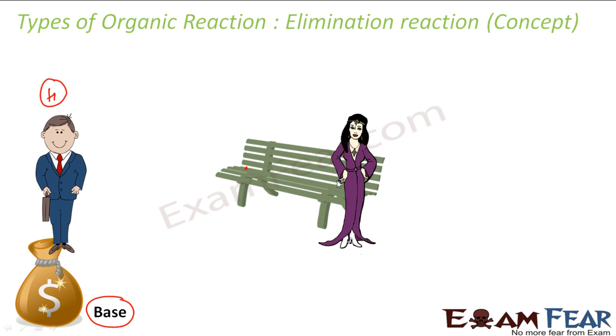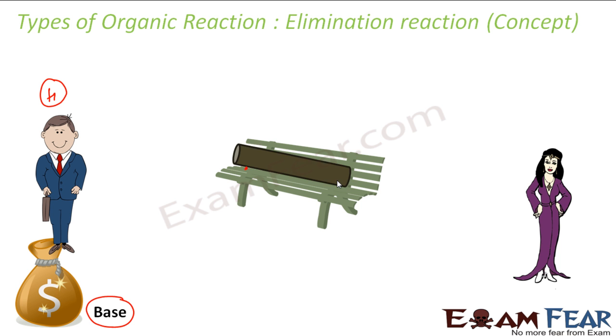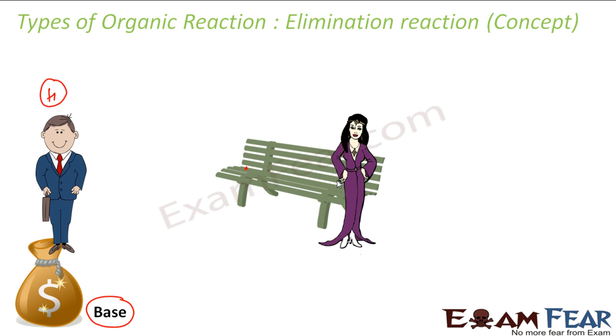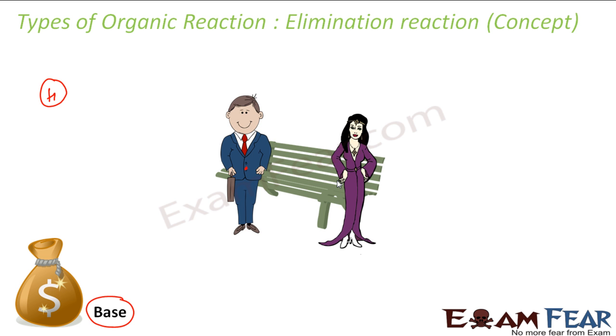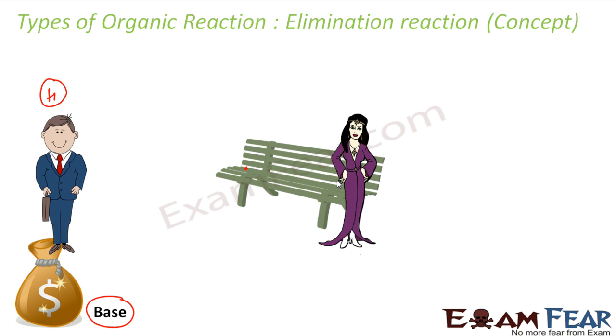So when the lady is bored and she comes out of the place or leaves the bench, in this case a double bond is formed. This is a typical example of elimination reaction, wherein the hydrogen is attracted towards the base, or money.